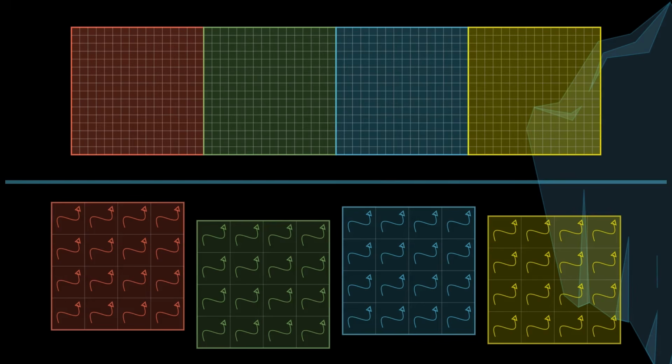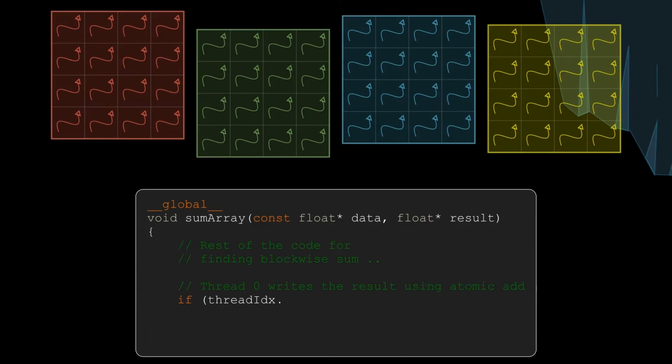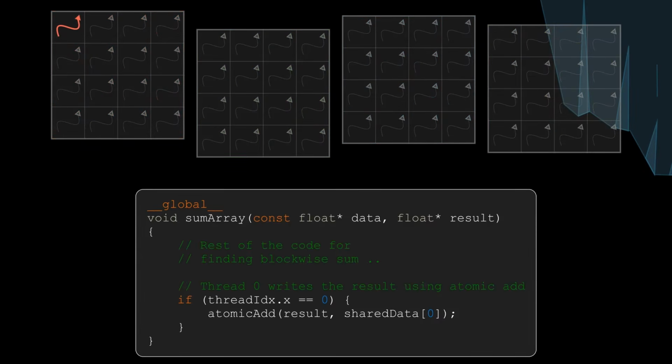The GPU has a limit on the number of threads per block. Each block finds the sum of the memory it is assigned to. The final sum is written into global memory by a single thread. This must be done using an atomic operation, since the final sum is the contribution of all the blocks and needs to be updated only one block at a time.